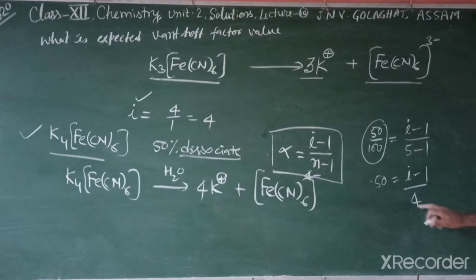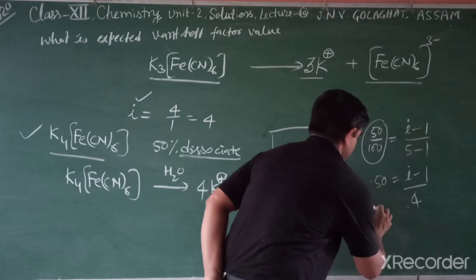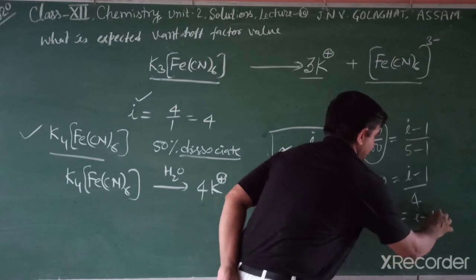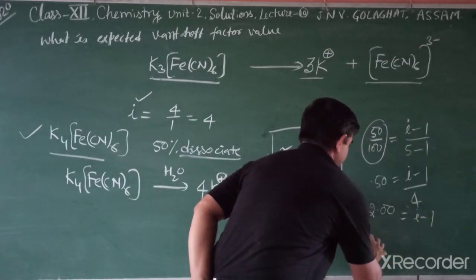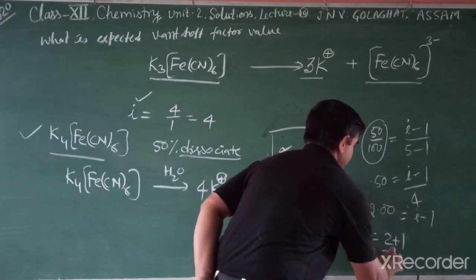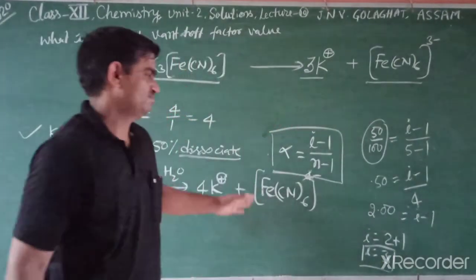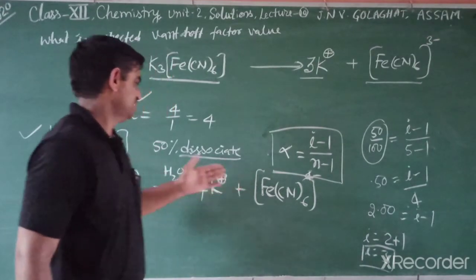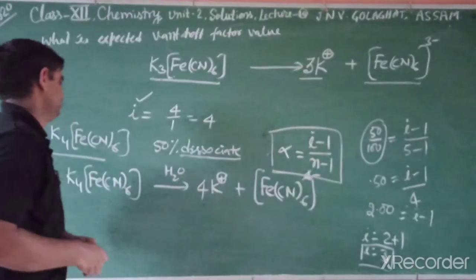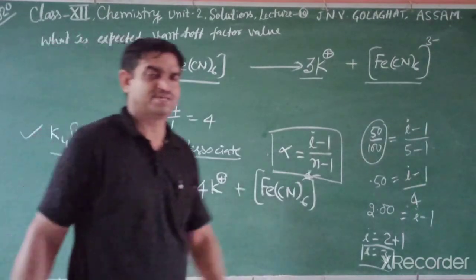If you multiply, 4 times 0.5 is 2, so 2 is equal to i minus 1. So i is equal to 2 plus 1, or 3. The Van't Hoff factor value is 3. If it is 50% dissociated, the Van't Hoff factor is 3. If it is 100% dissociated, the Van't Hoff factor is 4 plus 1, 5 only. So students, in this way we can identify the Van't Hoff factor.